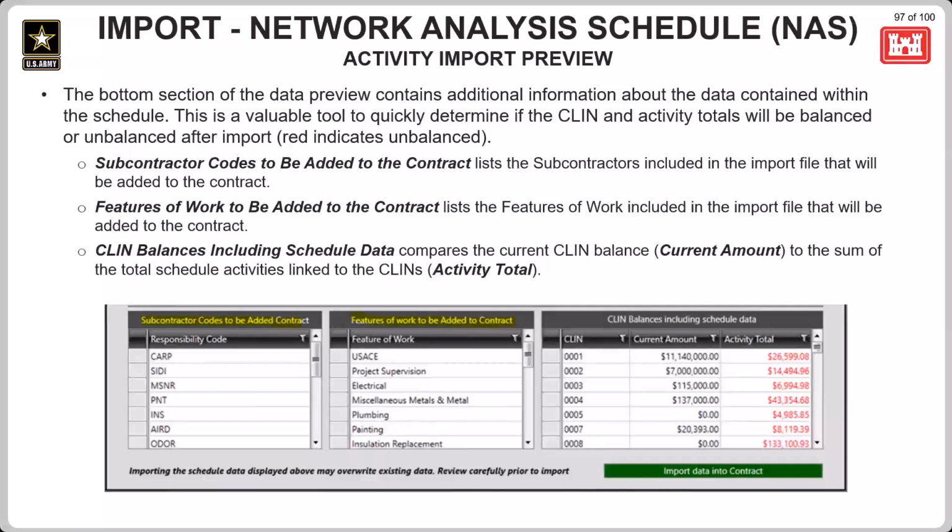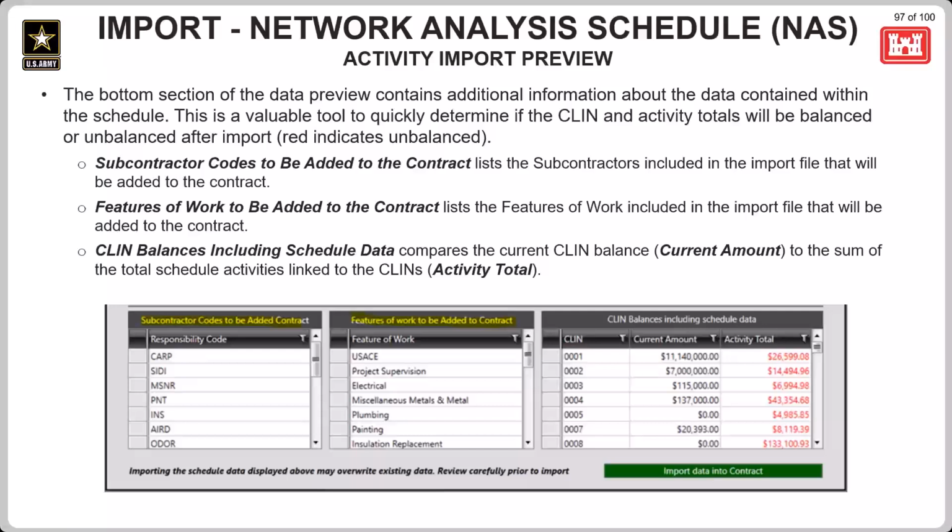So that means if there is a subcontractor responsibility code or a feature ID that's linked to an activity in this schedule import, and that code or ID does not already exist in the contract in RMS at the time that the approver is viewing this, those are going to show in these boxes or in these lists here.